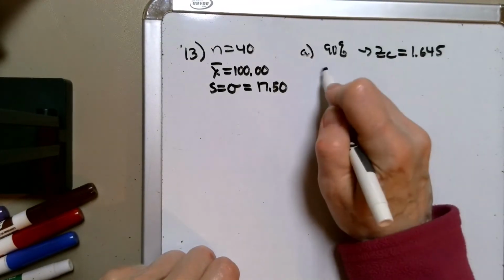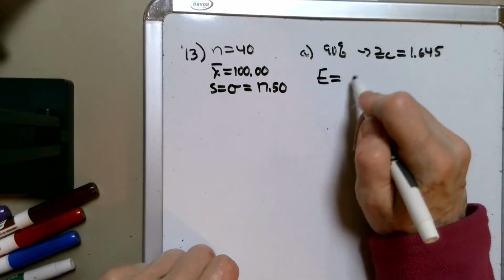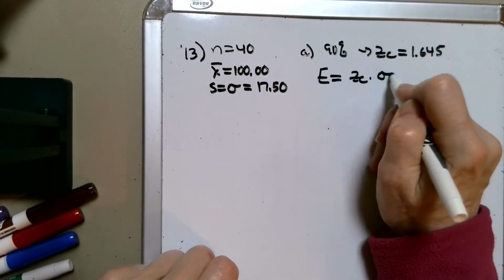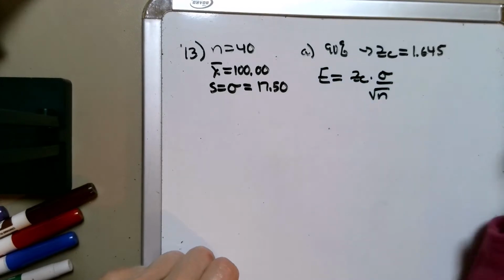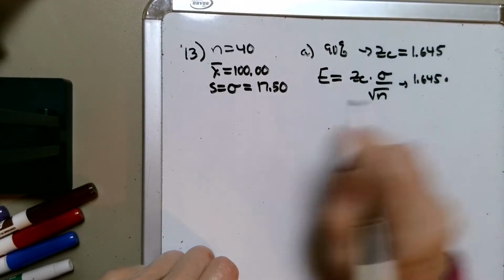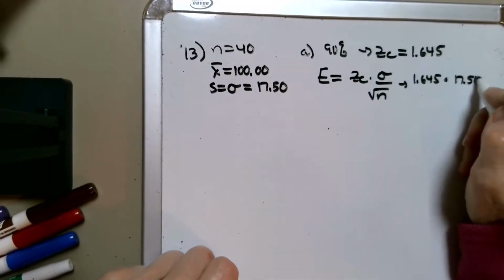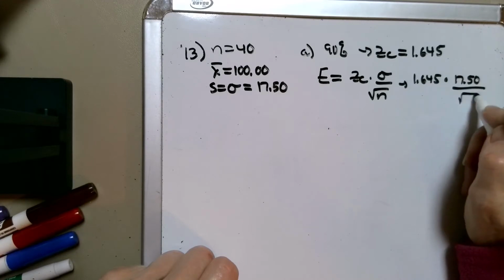So first thing I have to do is calculate the margin of error from the formulas page, Z sub C times sigma over the square root of n. So Z sub C, 1.645, times sigma, the standard deviation, I can use the $17.50, over the square root of n, which was 40.